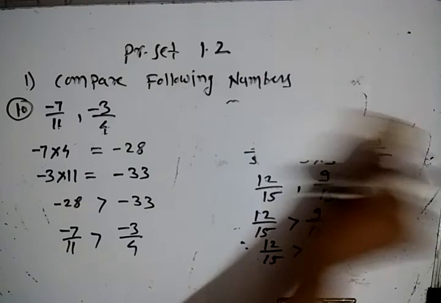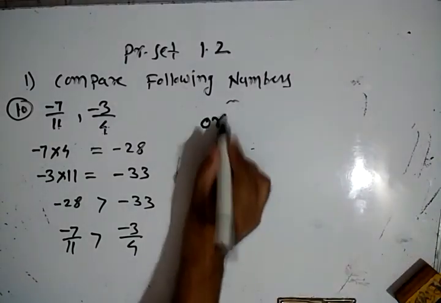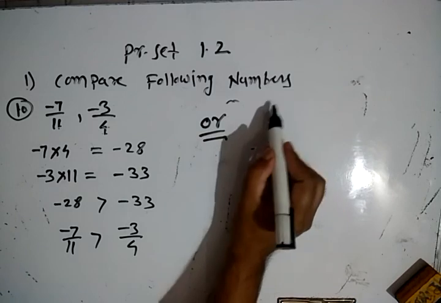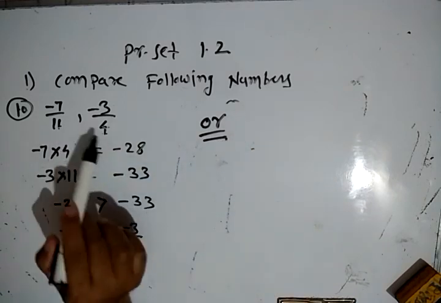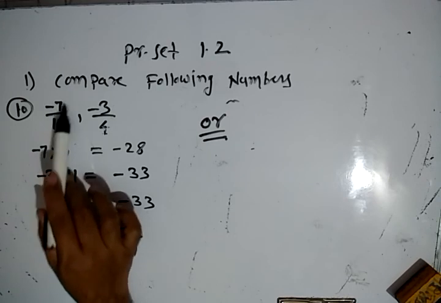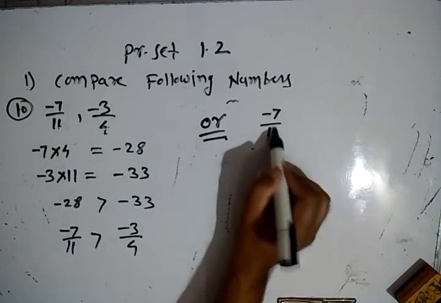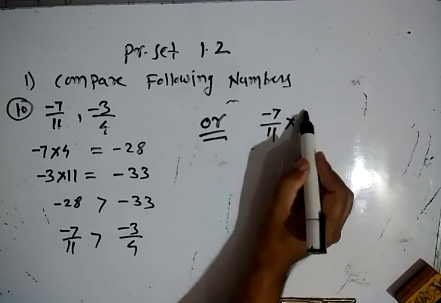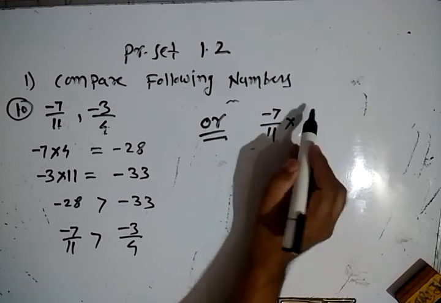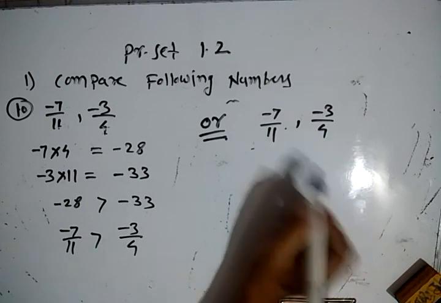Another method to solve the same problem. Here multiply this 4 to the numerator and denominator. Minus 7 upon 11 and the second is minus 3 upon 4.